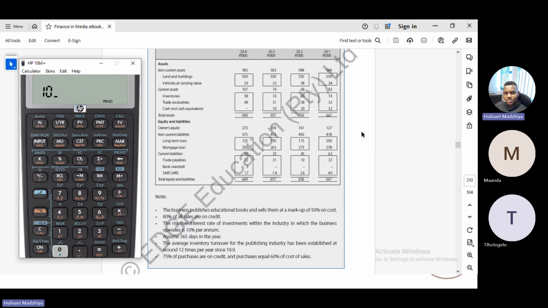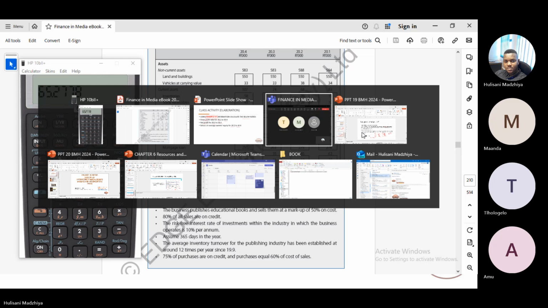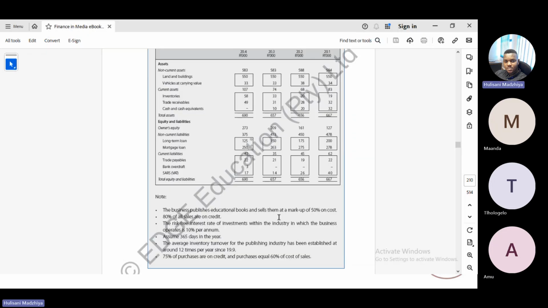Multiply this by 100. So the average return on owner's equity is 65%. So these guys are enjoying a 65% return over their investment, even if the company's profit is declining. That's how much they are actually enjoying.